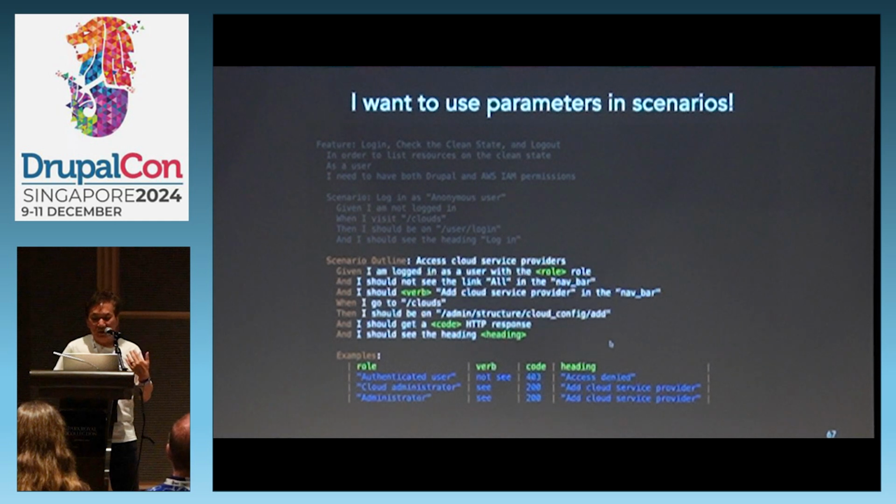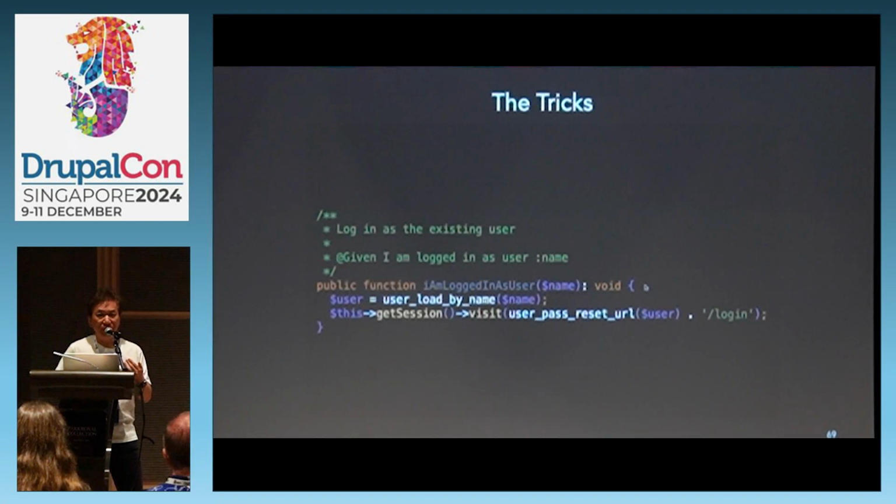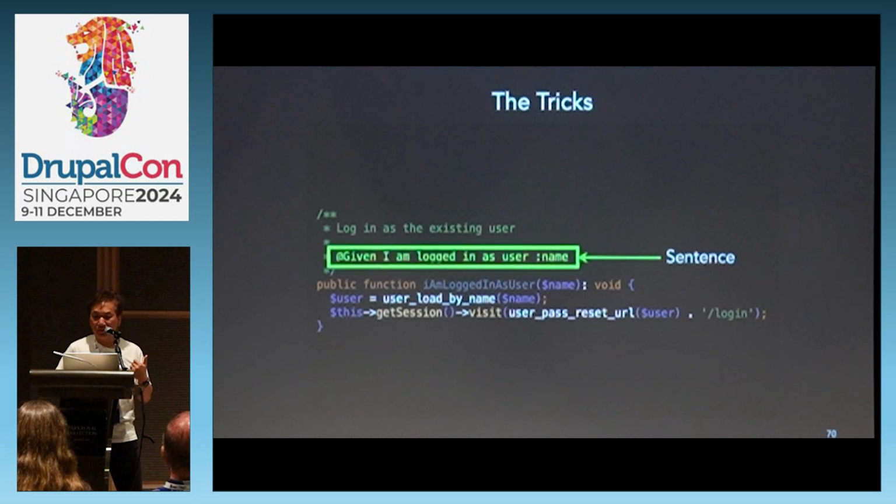So then, my next question came up. How does it work with natural language? Actually, Mink extension and Drupal extension PHP libraries working with Behat command define a certain programming logic in PHP like this, behind the scene. The trick is that the method header, shown in green, includes the keyword Given with the @ symbol and a sentence in this example.